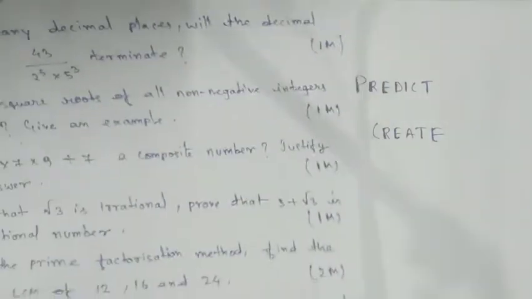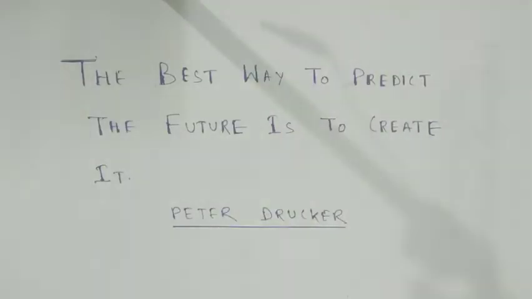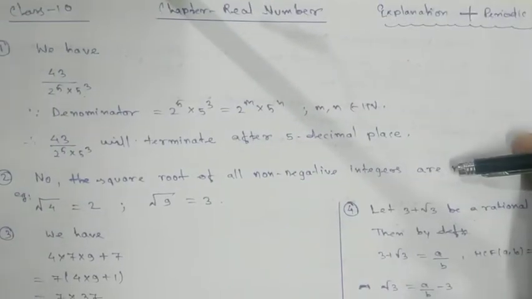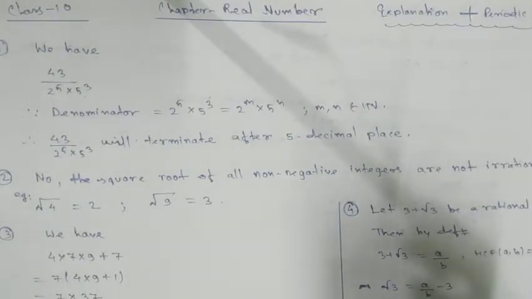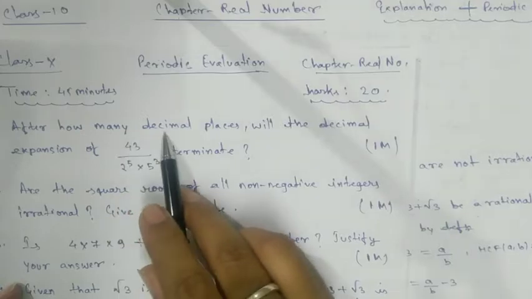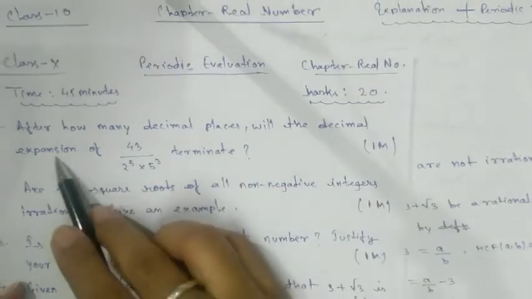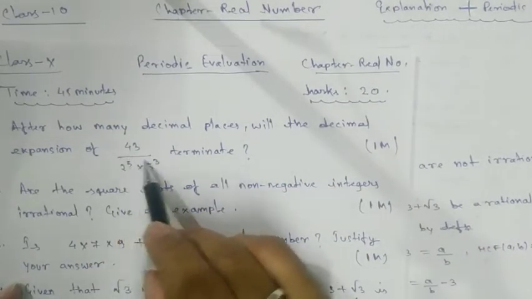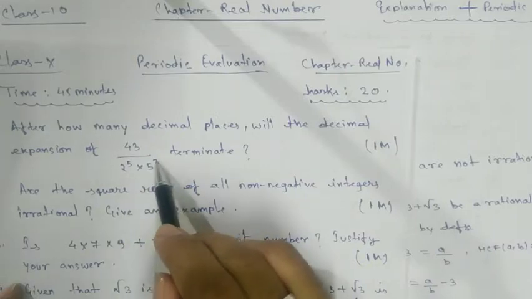Okay, here we have the explanation. The first problem: after how many decimal places will the decimal expansion of 43 by 2 to the power 5 into 5 to the power 3 terminate?